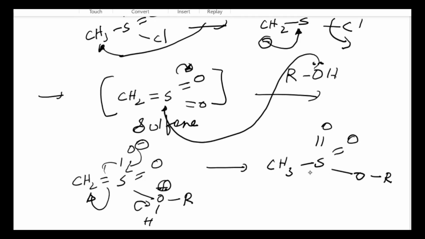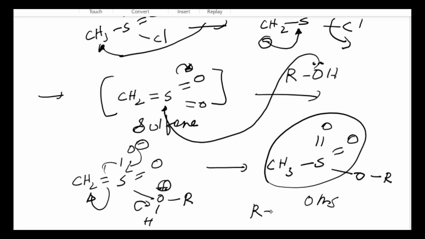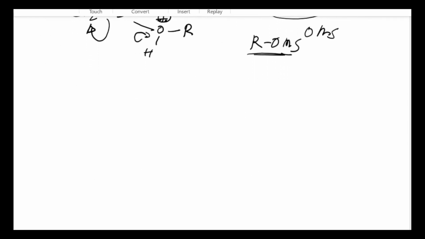So basically the alcohol is protected as a mesylate. So we can write it as ROMs.